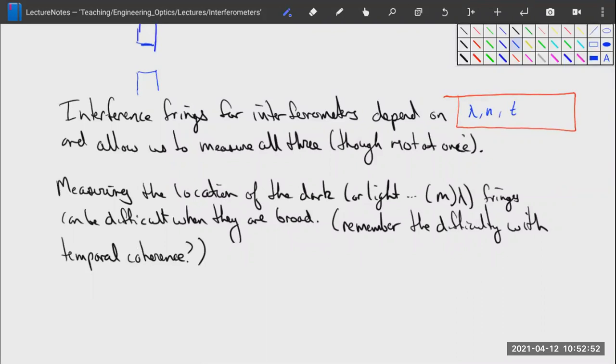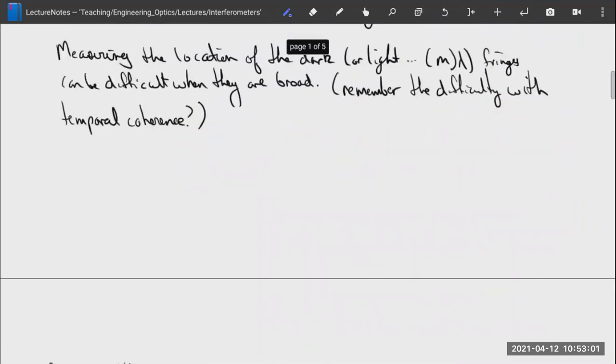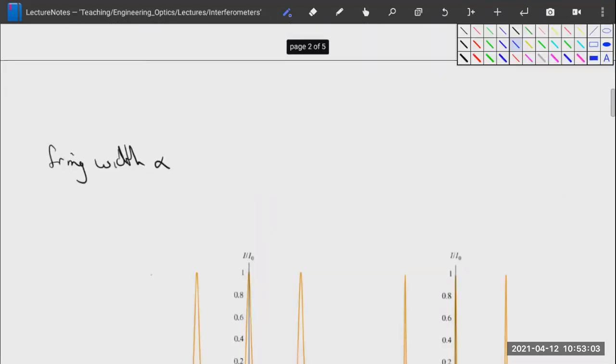Like I said when we were looking at temporal coherence, when we had wide peaks that were overlapping, they were very hard to tell apart. You just got a mush, right? So what's neat is that the width of our fringes, as we increase the number of slits, is proportional to 1 over n. So as we increase n, we can increase the resolution with which we can see multiple wavelengths.